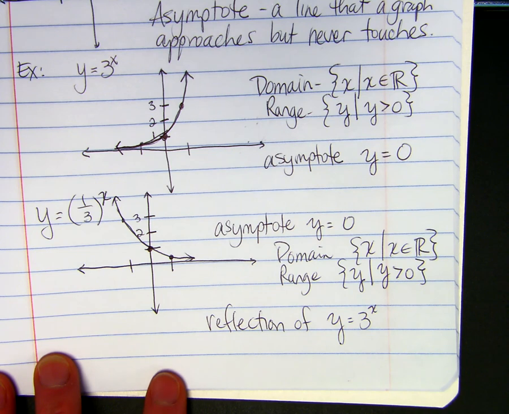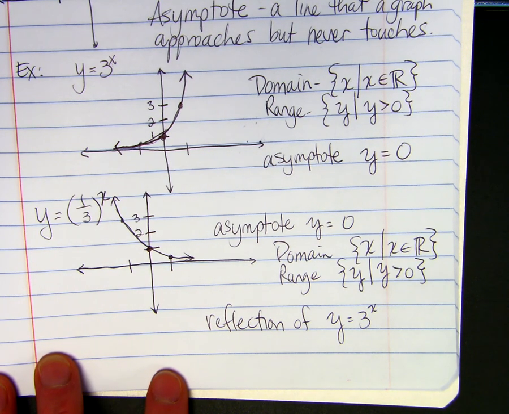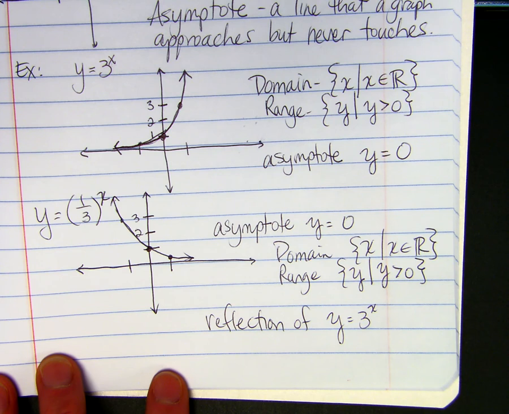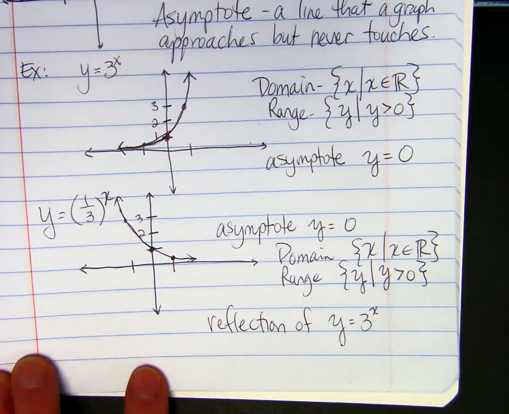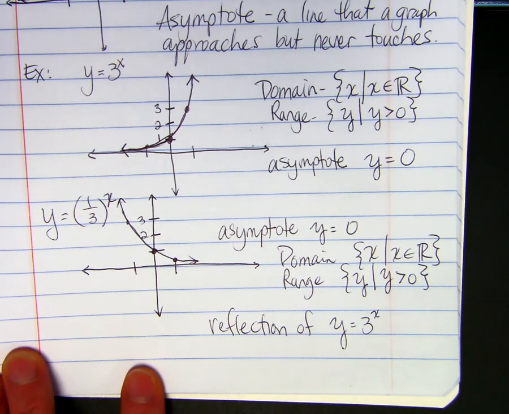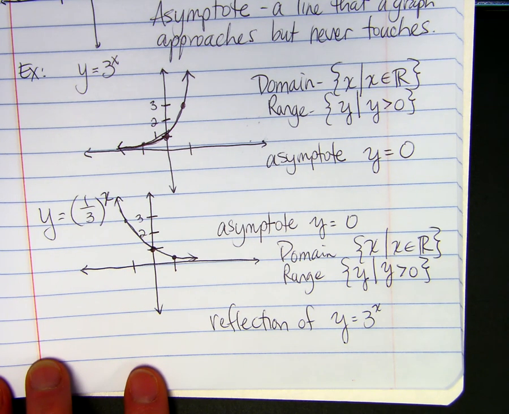Yes, Carter. So will the asymptote always be y equals 0? Could you add something to it to make the y-intercept different? Yes, if you raise it up. Wait, let me think about this for a minute.